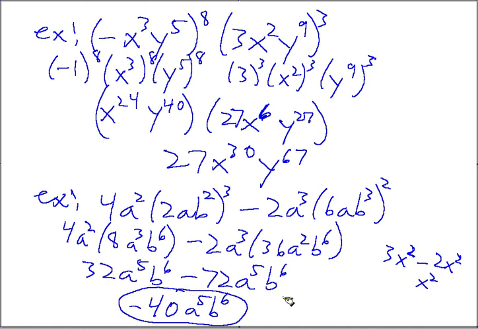Okay? Let's try one more, and then I'll give you some problems to post on Blackboard here. All right, let's look at 9x cubed times the quantity 3x squared y squared. Sorry about that. That's a square there.